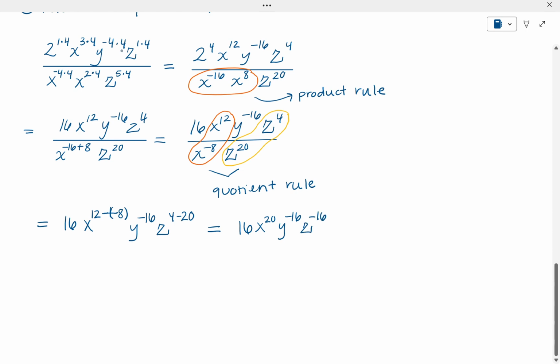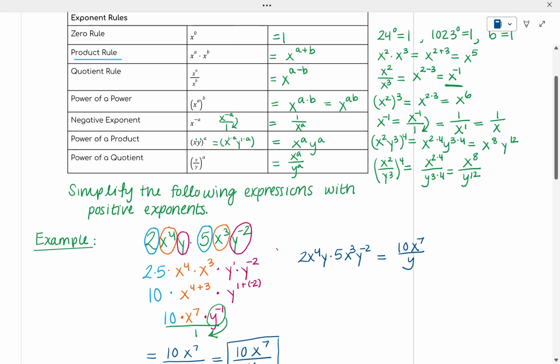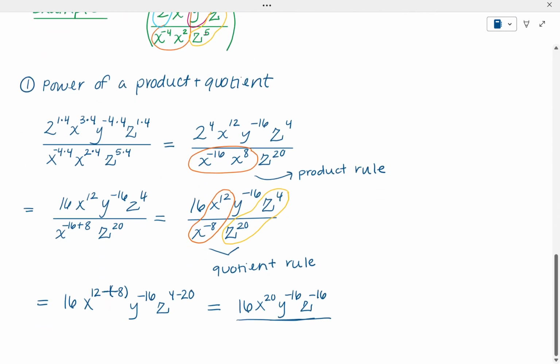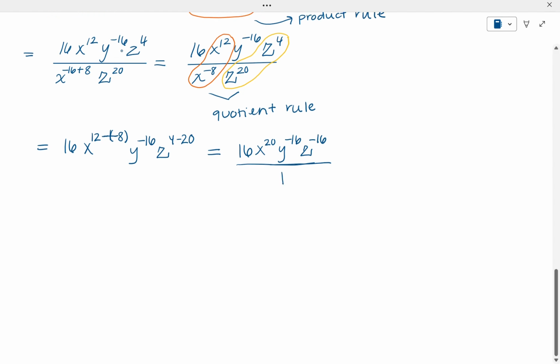And now the last rule is we just have to make all the exponents positive, and we can do that by using the negative exponent rule here. And so we can make this into a fraction by setting this over 1, and then just moving each of the terms that have a negative exponent into the denominator to make it positive.